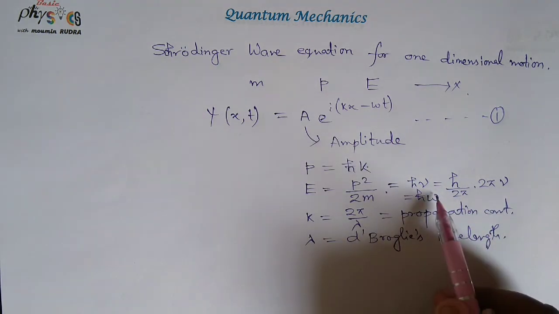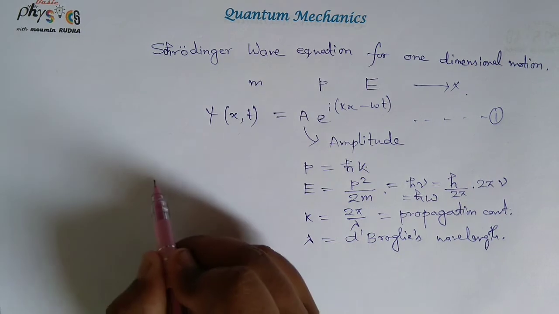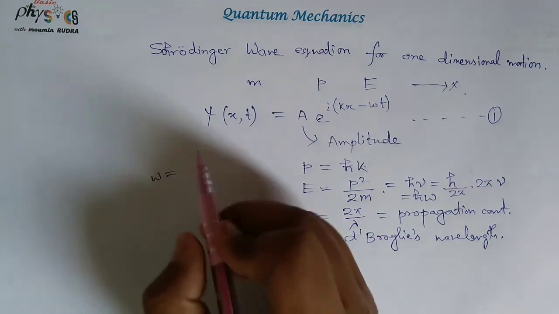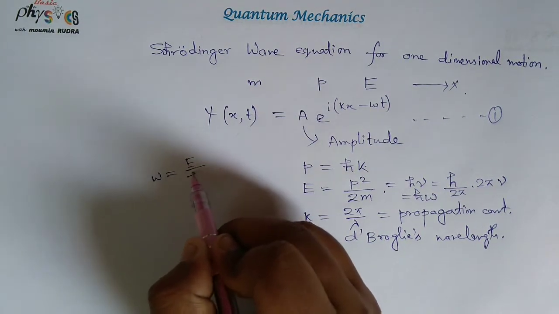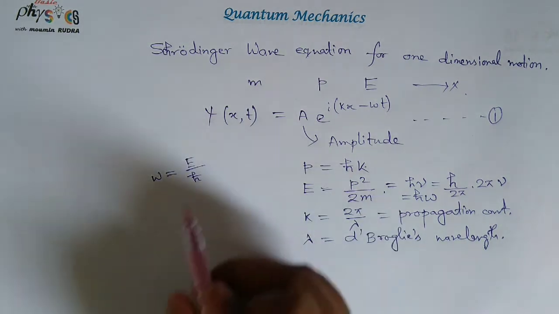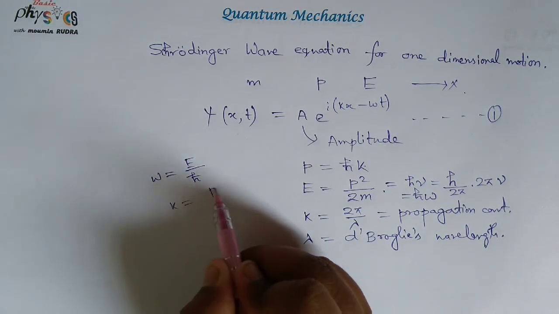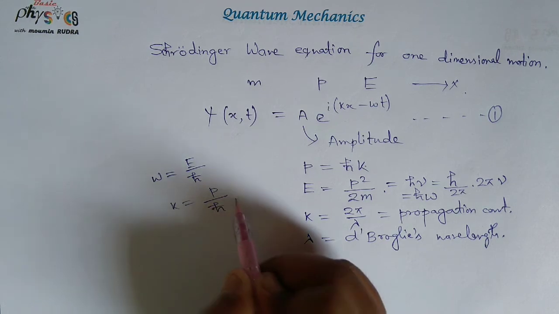So we can write omega equal to E by h bar and k equal to p by h bar.